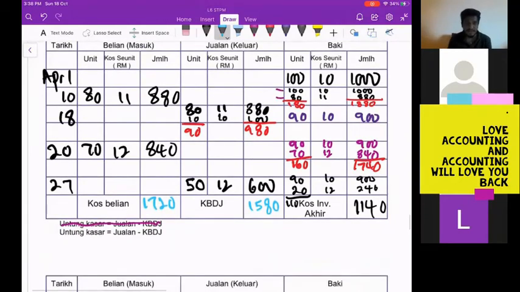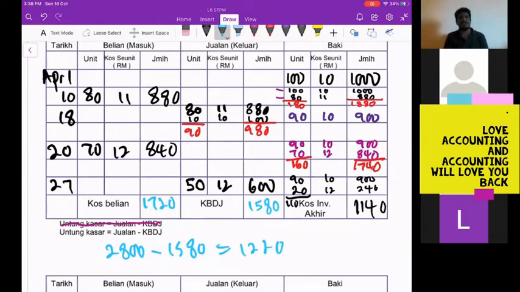So now can you calculate the untung yourself? Untung is 122 kilo.